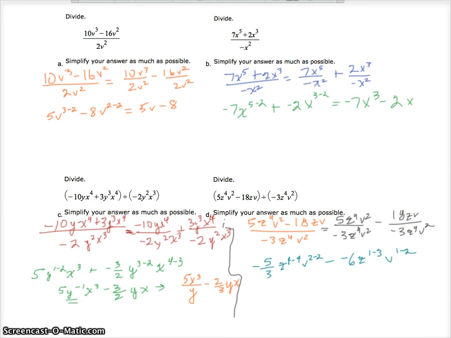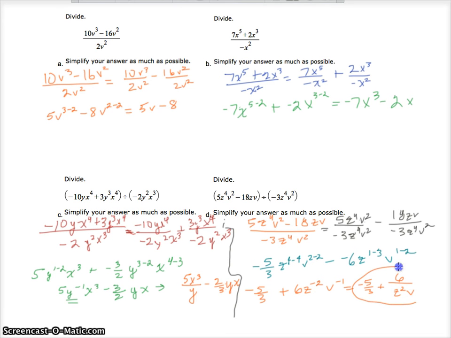When I simplify this, I end up with negative 5/3. These exponents all become 0, so they go away. Minus minus becomes plus 6z to the negative 2, v to the negative 1, which reduces to negative 5/3 plus 6 over z squared v.